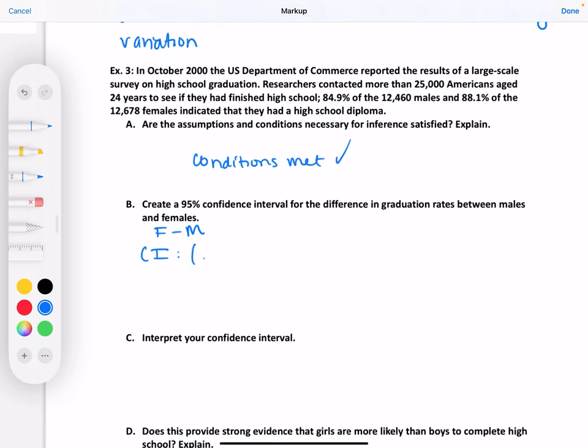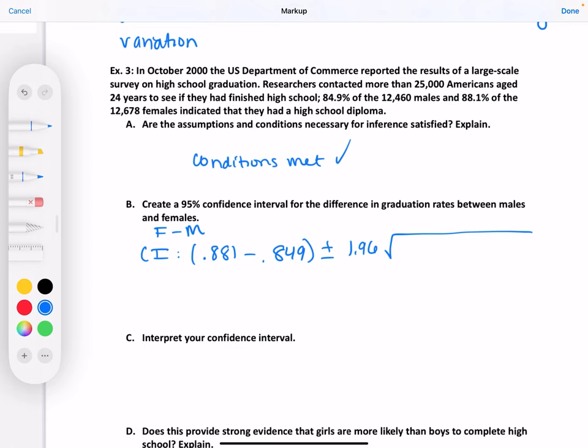We have female, so 0.881 minus 0.849 for male, plus or minus the critical value for 95% confidence, which is 1.96, times the square root of the standard error.